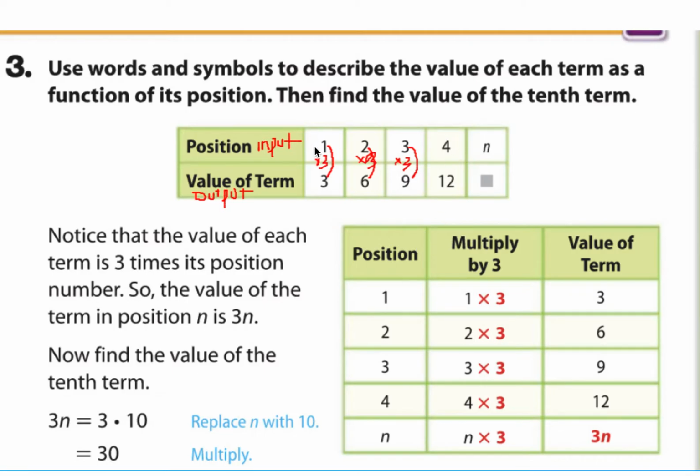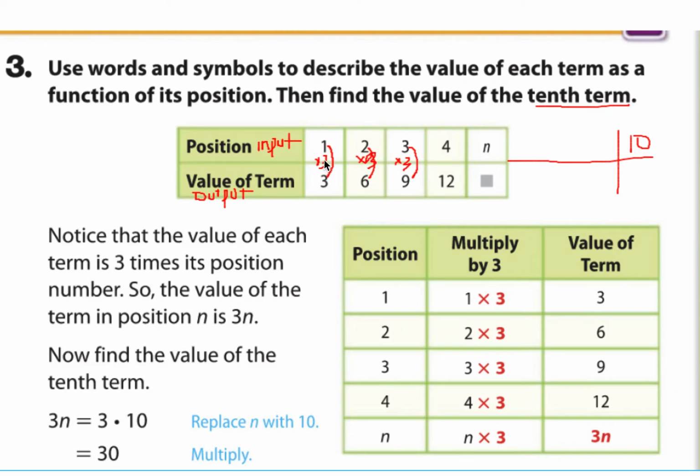Okay, so if you notice they're going 1, 2, 3, 4. If I continue this, I want to know what the 10th term is. I don't really need to know what the 5th term is. They want to know, what is the 10th term? I can pretty much rest assured that all I need to do is continue the pattern.